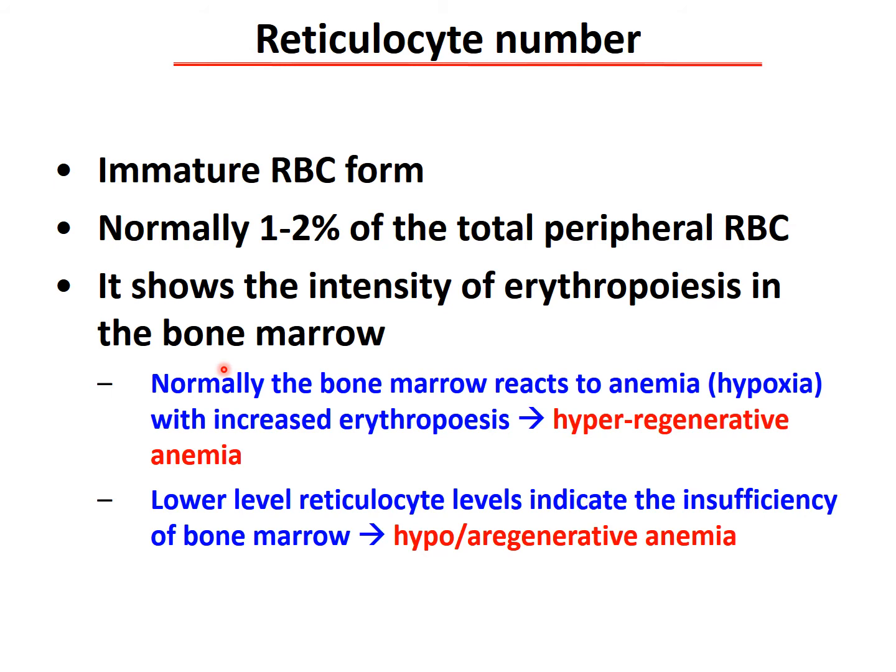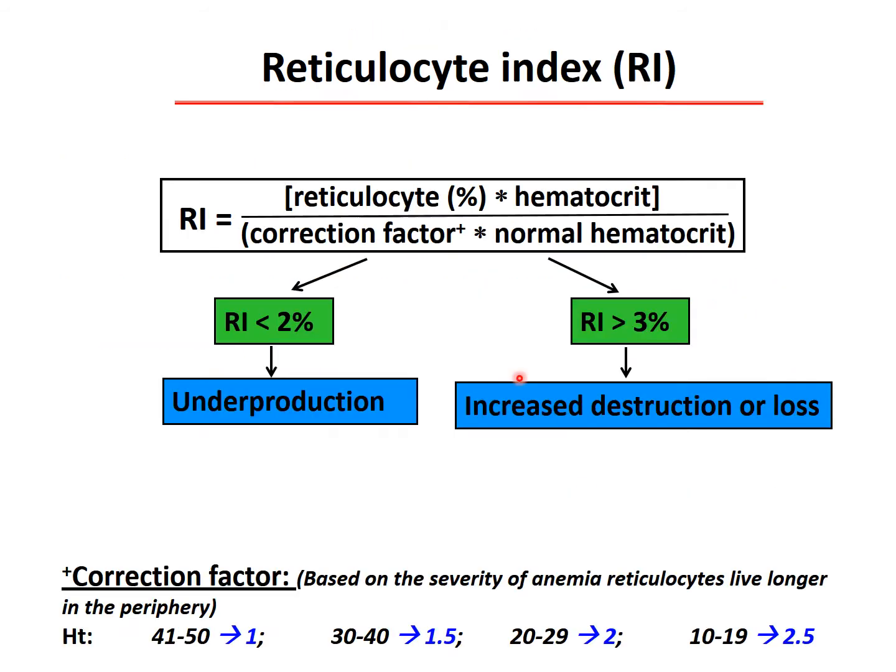You do have a hyperregenerative anemia, meaning that you do have an increased production because they want to counteract the elimination of the red blood cells. So this is why the bone marrow is stimulated by hypoxia. However, if the reticulocyte count is lower than it should be, that means hypo or aregenerative anemia, meaning that the bone marrow is not able to produce as many red blood cells as needed. So this is why the reticulocyte count is important.